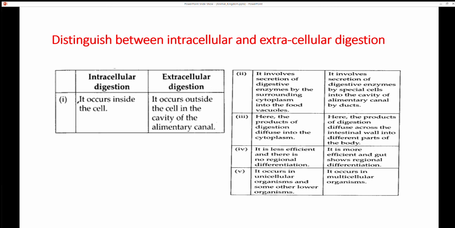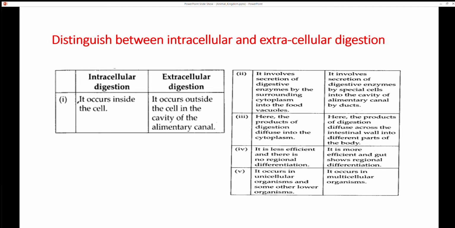Intra means inside, whereas extra means outside the cell, that is, in the cavity of the alimentary canal. In intracellular digestion, digestive enzymes are secreted by the surrounding cytoplasm into the food vacuole. Whereas in extracellular digestion, digestive enzymes are secreted by special cells into the cavity of the alimentary canal through ducts.